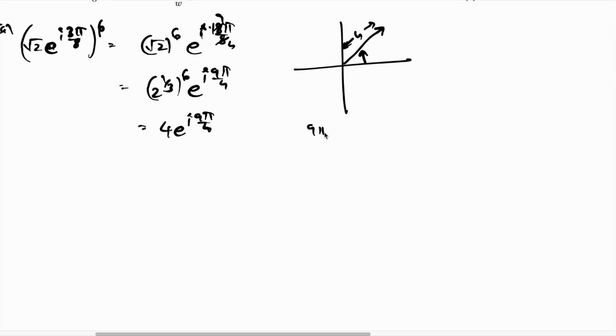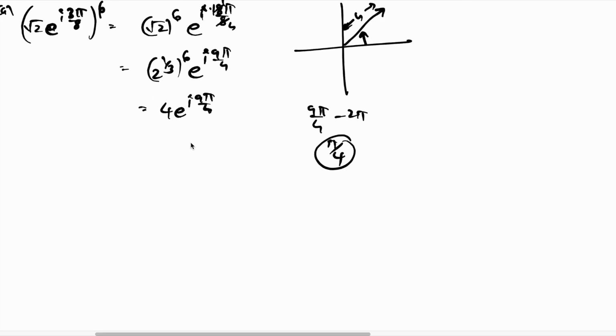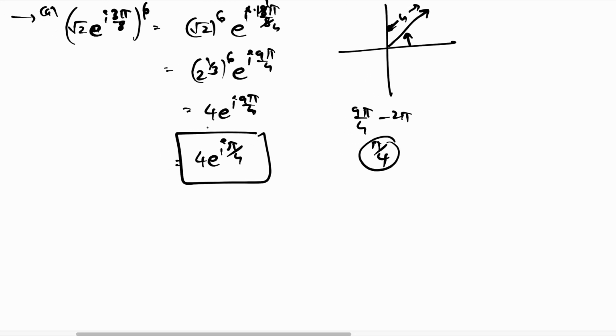So that remaining angle is 9 pi by 4 minus 2 pi, which is 4 2s are 8, pi by 4. So my complex number is basically 4 e raised to i pi over 4. This is my complex number in polar form.